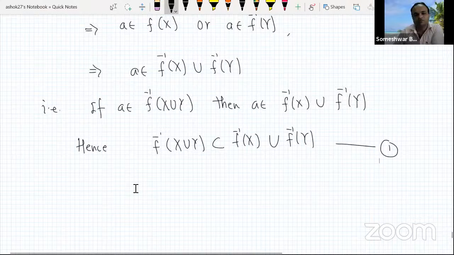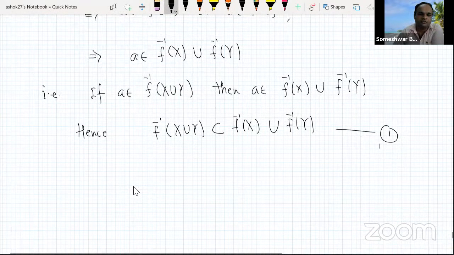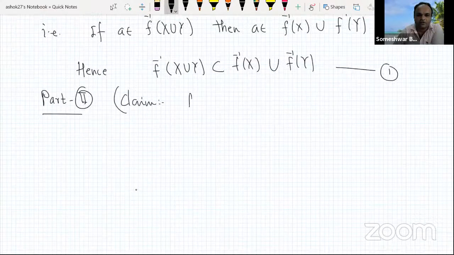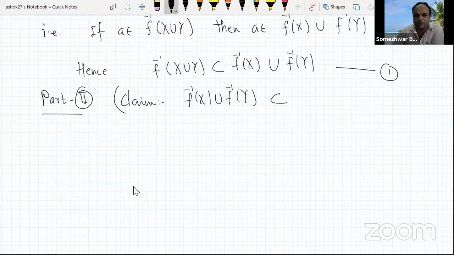In part 2, the claim is that f inverse of X union f inverse of Y is a subset of f inverse of X union Y. So that is the claim here.